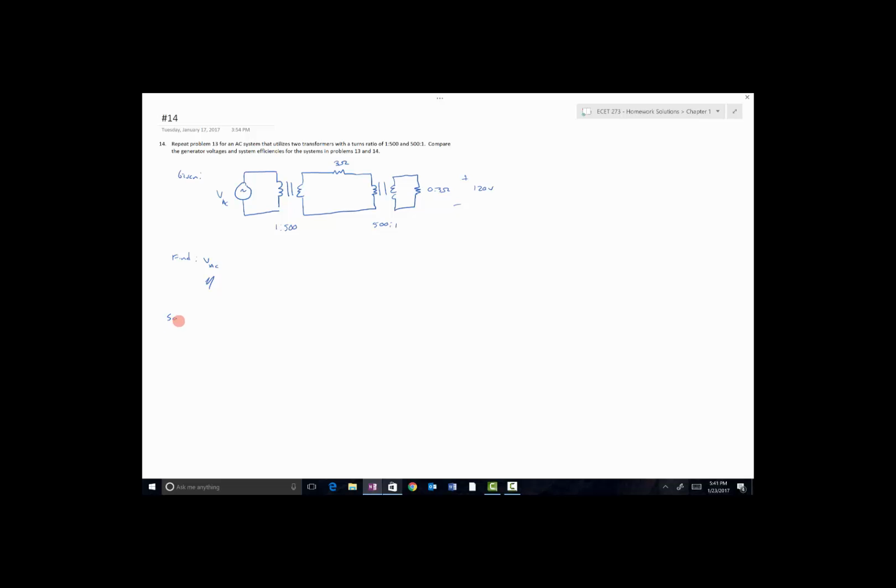Okay. The solution to this is that we're going to apply the rules that we learned for transformers. I'm going to have three currents here: I3, I2, and I1.